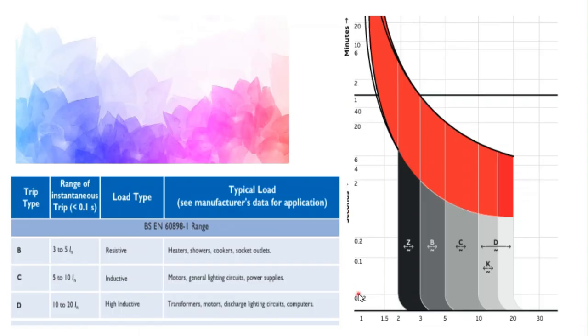It means it multiplies in tens. For example, this is 0.02, then it is 0.2, then it is 2, then it is 20.